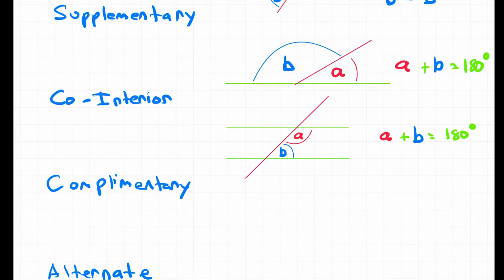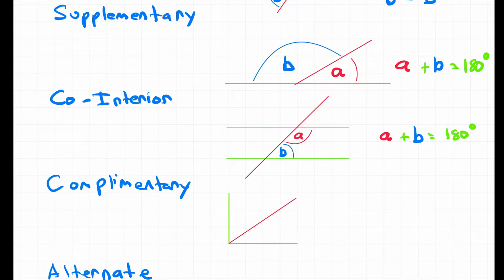All right, our second to last angle is called a complementary angle, and it's very similar to a supplementary angle. Just notice that the sum of the two angles in a supplementary angle equal 180 degrees, and the two angles that form a complementary angle in this case are going to equal 90 degrees.